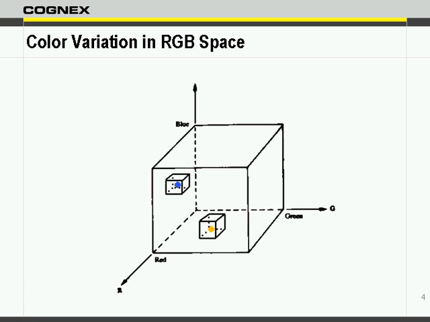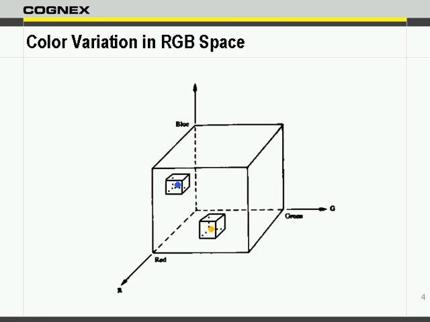There's a normal color variation based on the properties of the part that is reflecting the light, based on variations in the light itself, based on environment properties or conditions, and also based on the interpolation calculations that go on in that CCD.